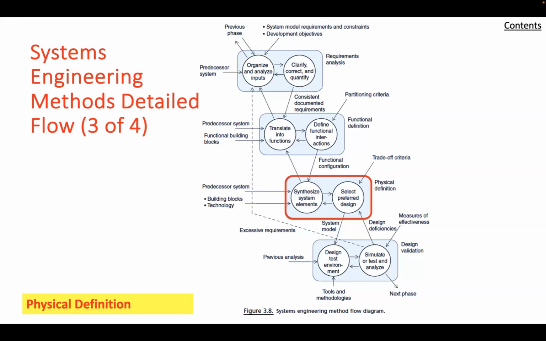As stated previously, to make a meaningful choice among design alternatives, it is necessary to define a set of evaluation criteria and establish their relative priority. Among the most important variables to be considered in the physical definition step is the relative affordability or cost of the alternatives and their relative risk of successful accomplishment.